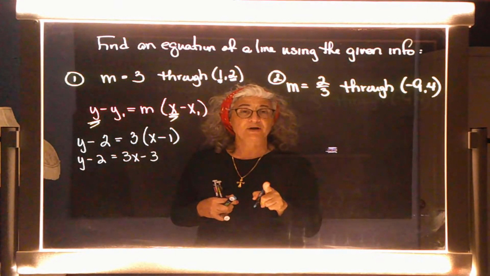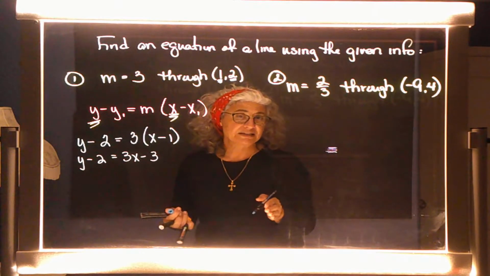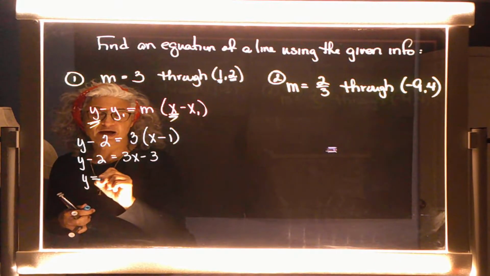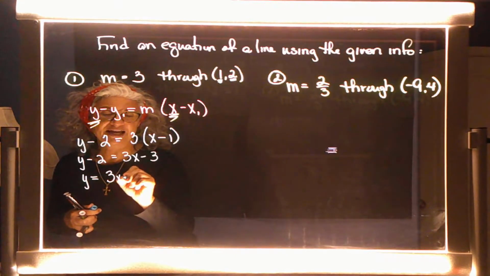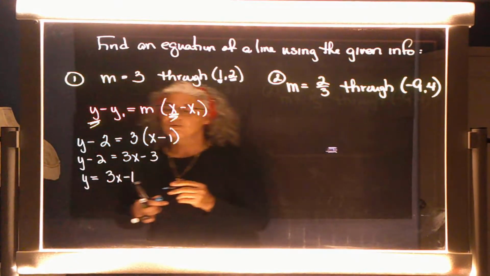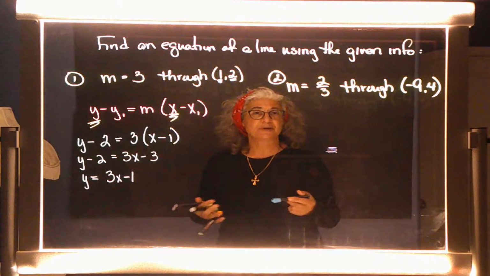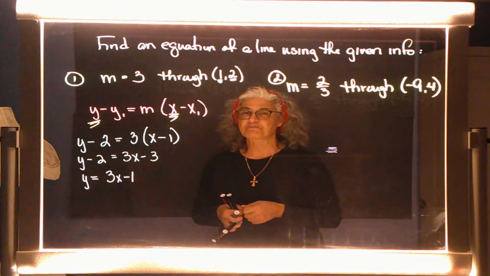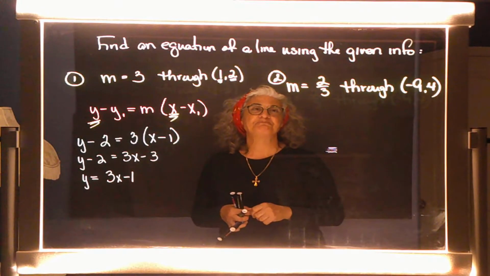And if they want the equation written in slope-intercept form, that means I need to get the y by itself. So you have to add 2 to both sides, which will give me y equals 3x minus 1. Cool? Awesome.